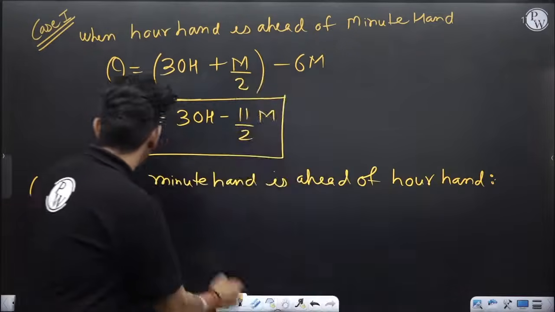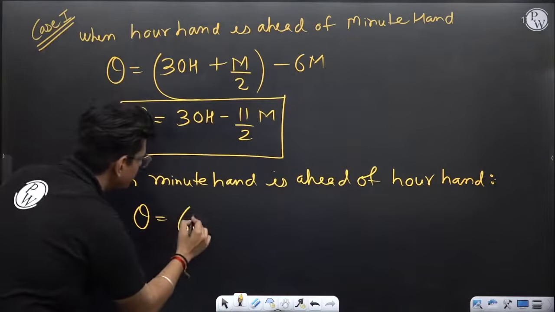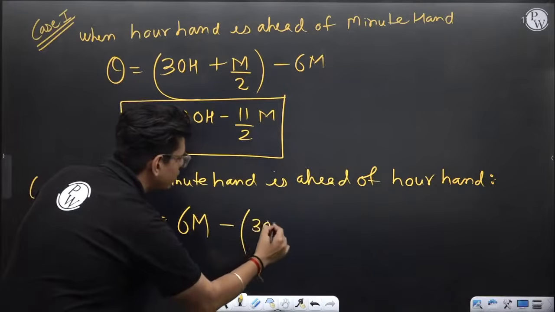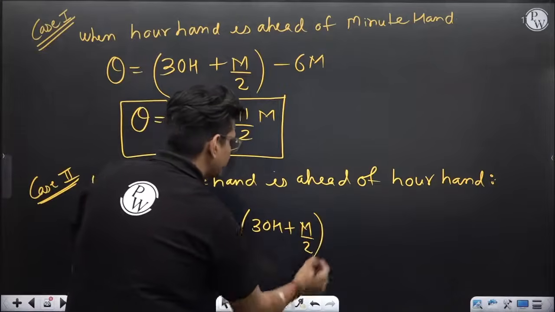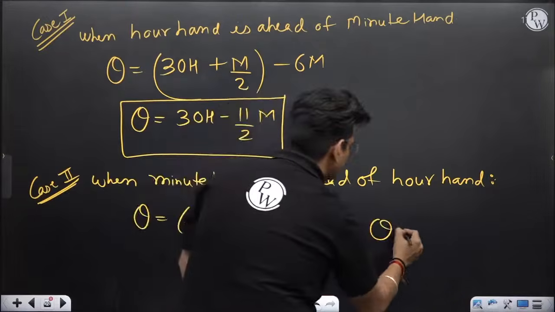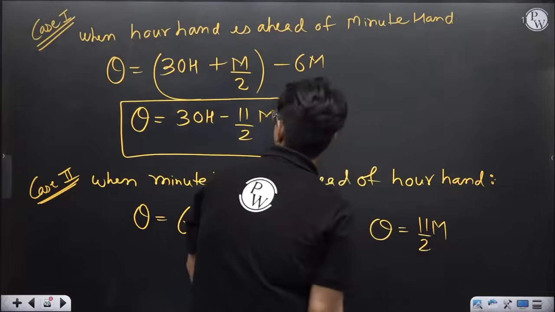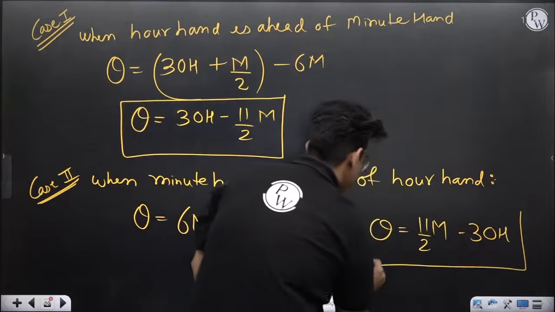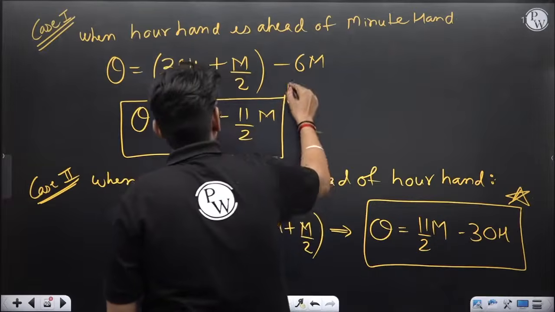In this case, what we will do, we will initially take 6m because this is ahead of the hour hand, then minus 30h plus m by 2. This is nothing but theta is equal to 11 by 2 m minus 30h, right? This is one important formula.